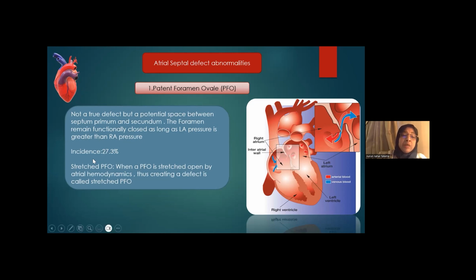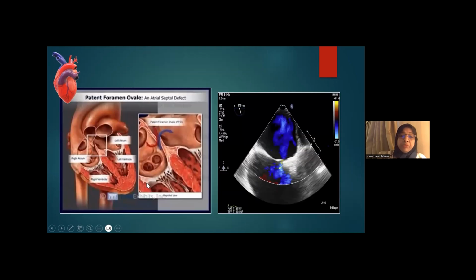Incidence in the normal population is 27.3%. A stressed PFO is a PFO which is opened by stress due to a change in atrial hemodynamics, thus creating a defect.